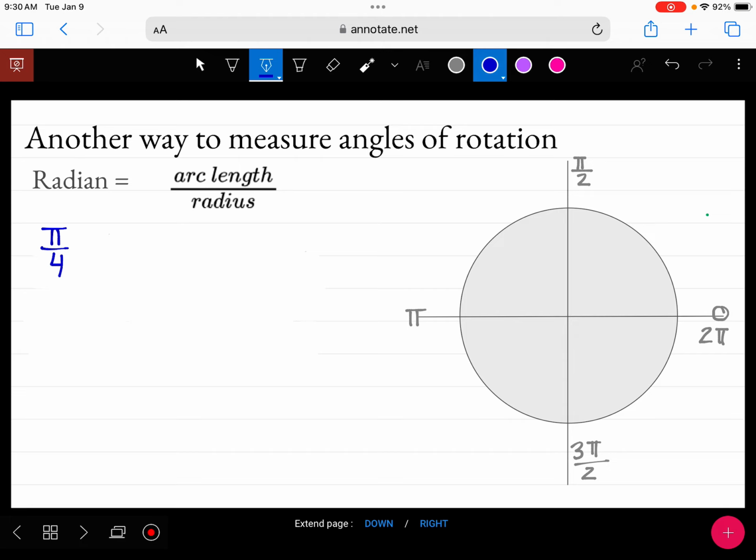We always start at the initial side, which is right here. For all of these angles, this is going to be our initial side. So pi over 4 is going to be right here.